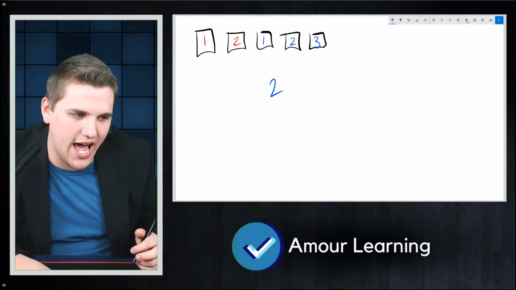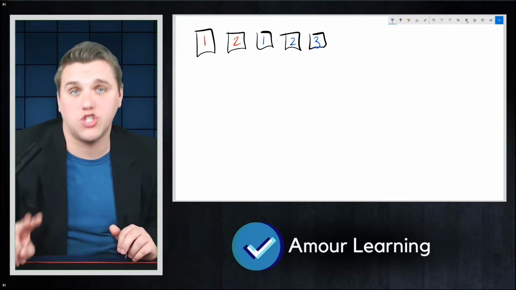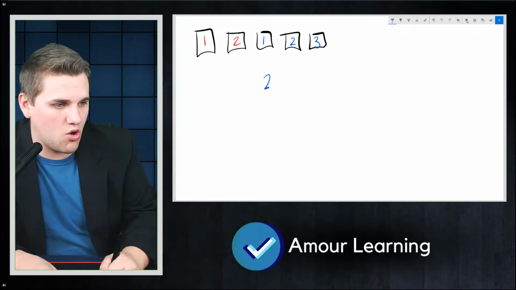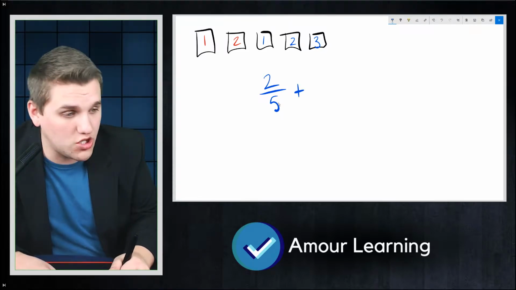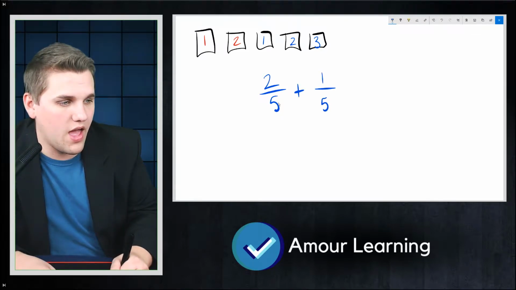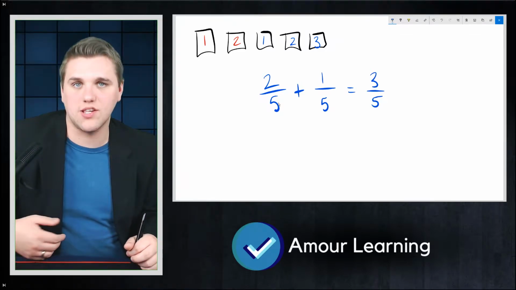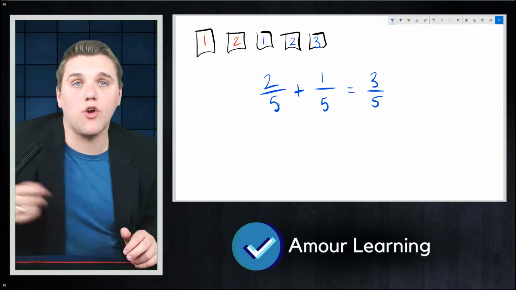Another question I might ask is, what's the probability of drawing either a 1 or a 2? And so people would say, well, there's 2 1s, so it would be 2/5, plus there's only 1 2, so 1/5. And so we would get 3/5 of the draws. There is a 60% chance, or 0.6 of the time, you're going to draw either a 1 or a 2.